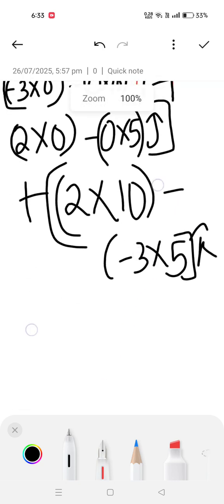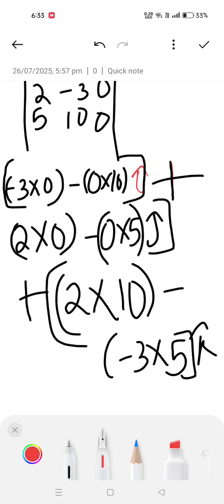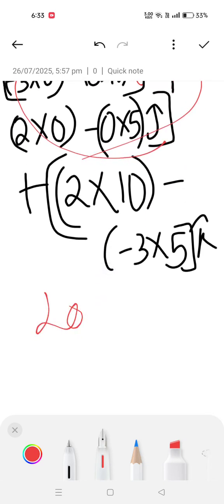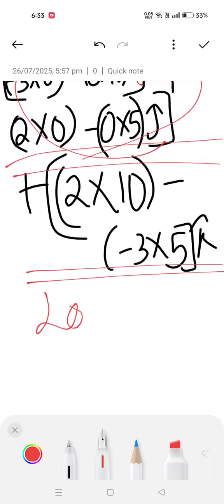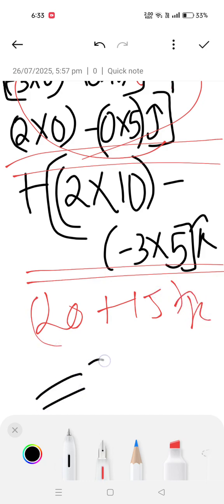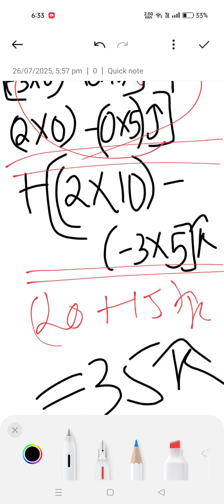So on solving, this whole part would become 0, so it would become 20 plus 15 k cap, which is equals to 35 k cap.